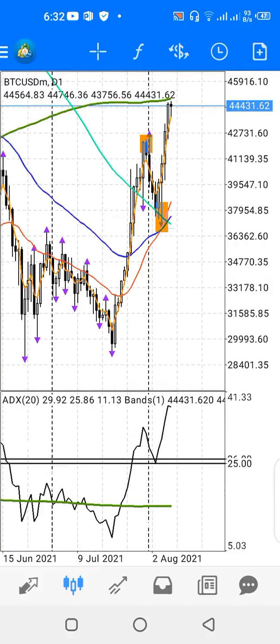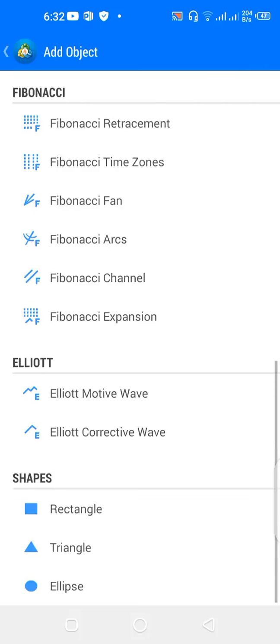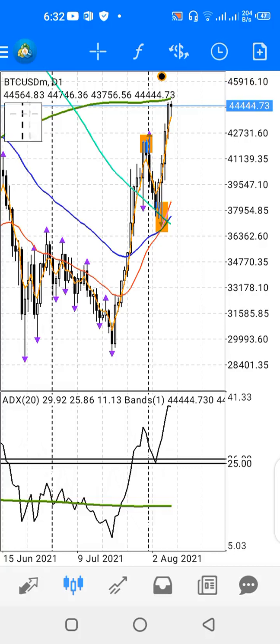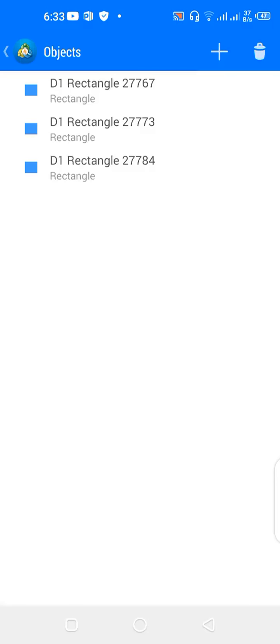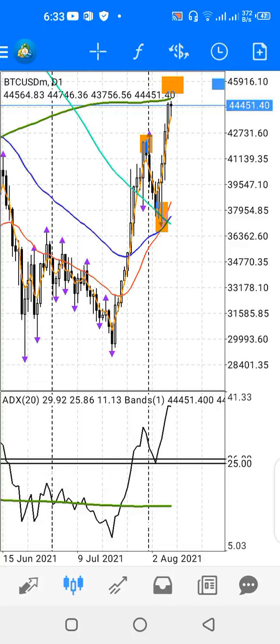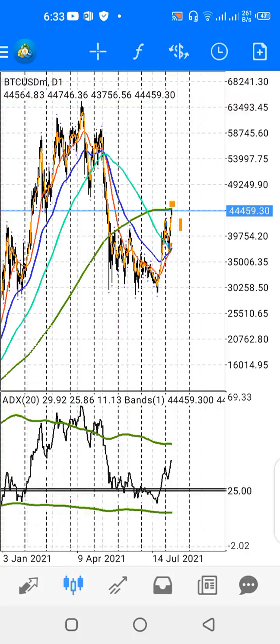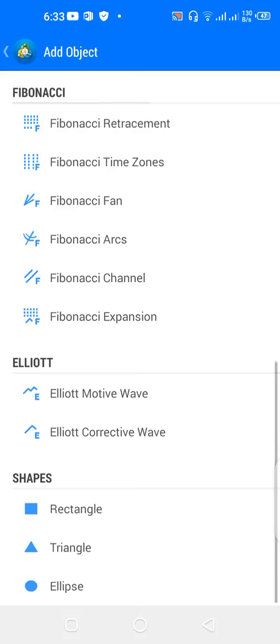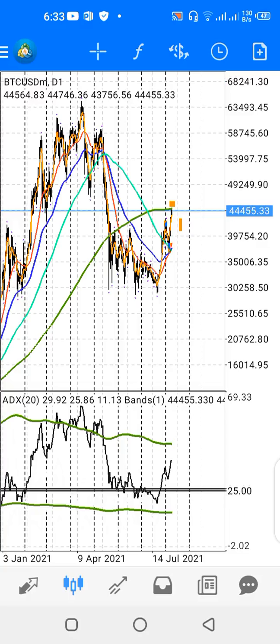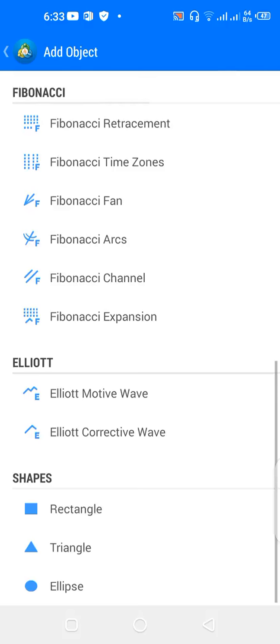Price is expected to make another higher high, above here. Then we have a higher low. Okay, so that's the way I see it going. I may be wrong along the line. Another higher high, then another higher low.